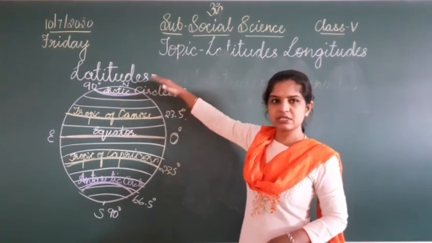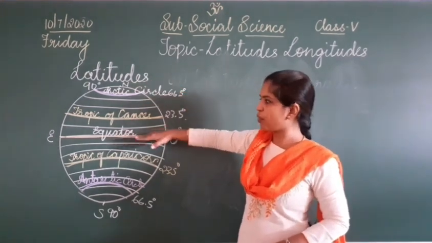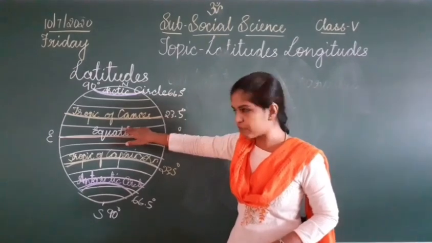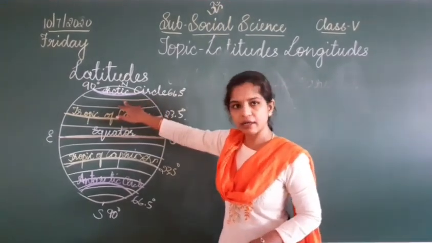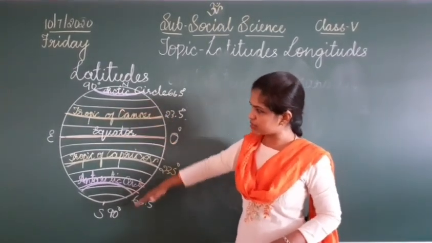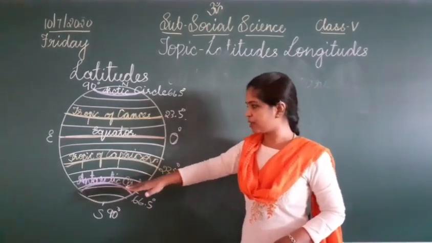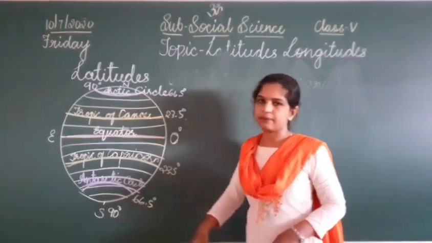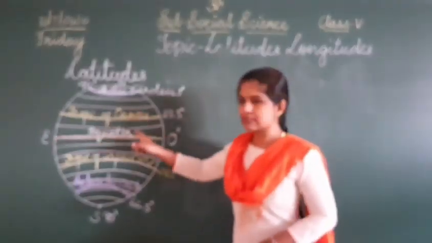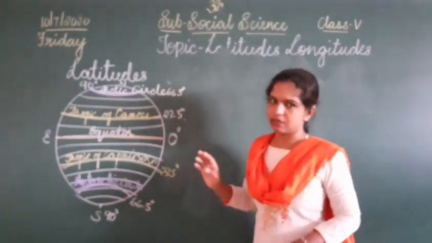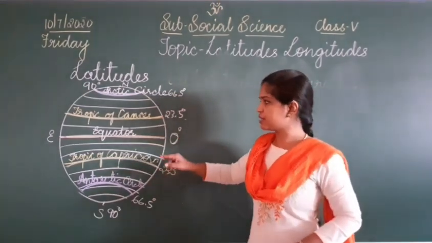If we go towards the North Pole from the equator, we will find the Tropic of Cancer and the Arctic Circle. If we come towards the South Pole from the equator, we will find the Tropic of Capricorn and Antarctic Circle. All these lines are parallel to each other.